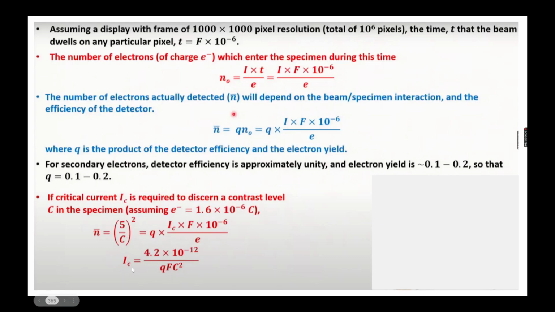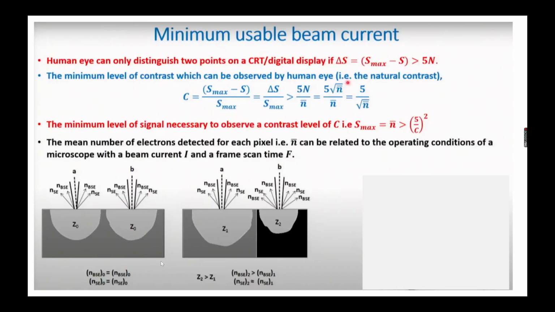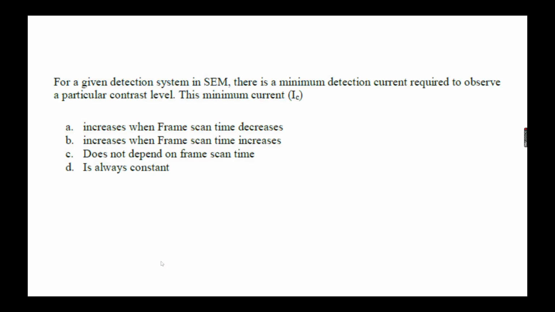So IC will be 4.2 into 10 to the power minus 12 upon QF and C square. C square is your contrast level, IC is your beam current, and F is your frame scan time.